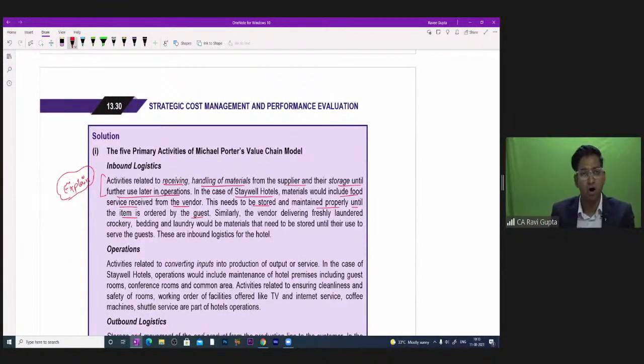And should always be available, right? Similarly, the vendors deliver freshly laundered crockery, bathing items, and laundry, which would be materials that need to be stored until their use to serve the guest. These are the inbound logistics of the hotel. Okay, so this was what you have identified.